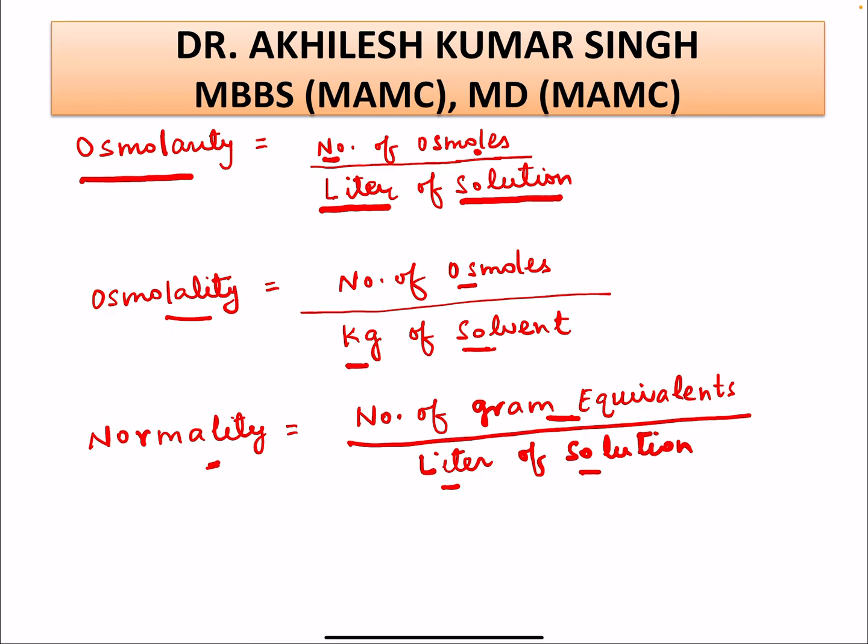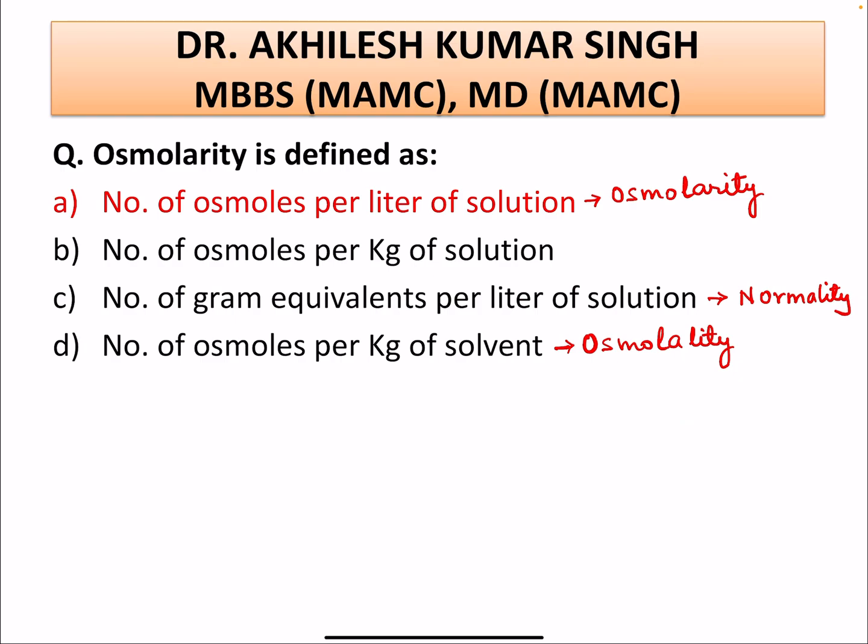Osmolarity, per liter of solution; osmolality, number of osmoles per kg of solvent; normality, number of gram equivalents per liter of solution. So now come to the question here. Osmolarity is defined as. So what will be the answer here? Answer will be A, the number of osmoles per liter of solution.